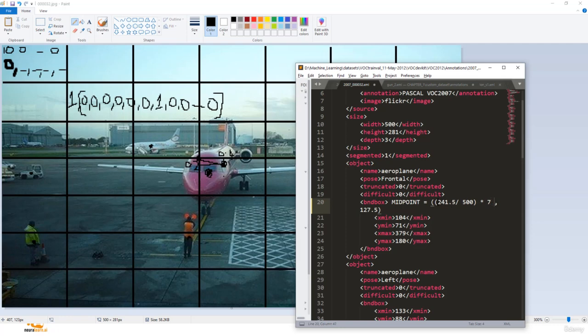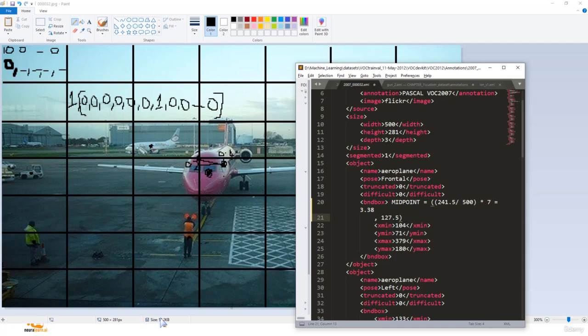So taking this divided by this and multiply by 7, we have 3.38, which actually makes some sense because this is 1, 2, 3. Then this is around 0.4, so it's 0.38. 3.38, if you approximate, gives something like 3.4. So this is 1, 2, 3, then 0.4. So we see how we move from the previous coordinate system to this new coordinate system where we have 7 by 7 grid cells.